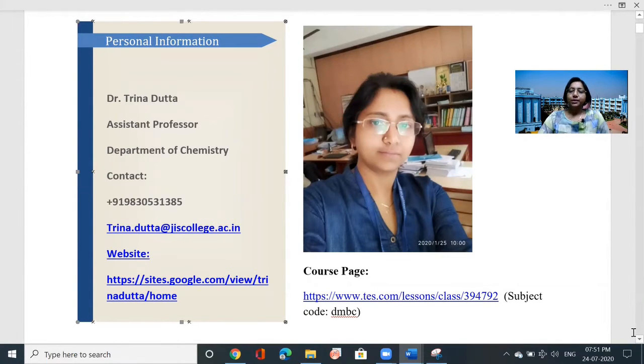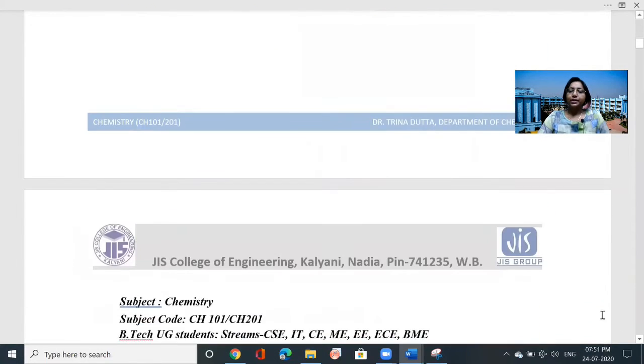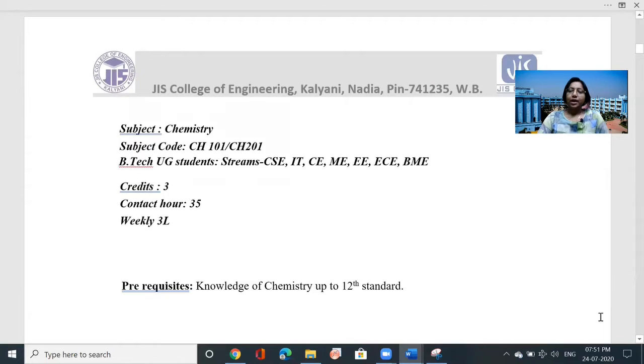This chemistry course is for undergraduate BTech students. The code for this subject is CH101 for odd semester and CH201 for even semester.